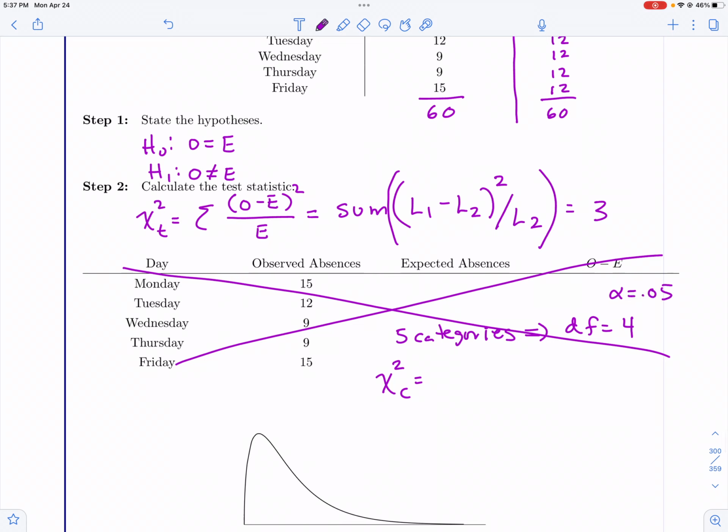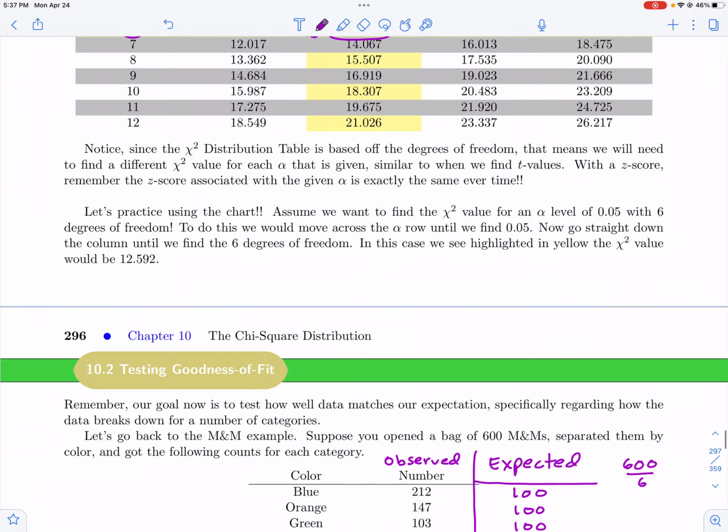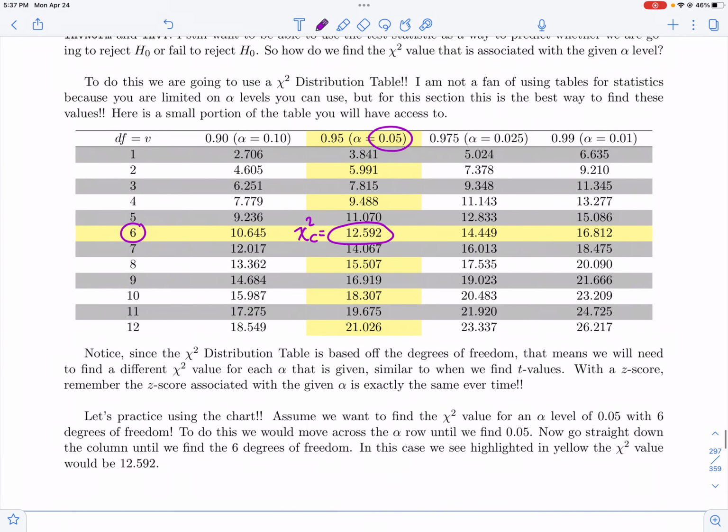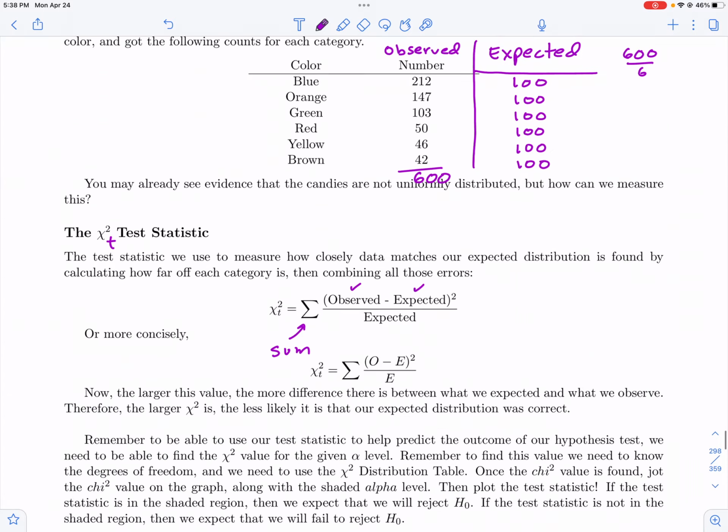So if we go to our chart, we can figure out exactly what our chi-squared sub c would look like for this one. I'm going to scroll back to where our chart was in the last section. Again, we're using our 0.05, but in this case, we're using a degrees of freedom of 4. So we end up with 9.488 as our chi-squared sub c, our comparison statistic.